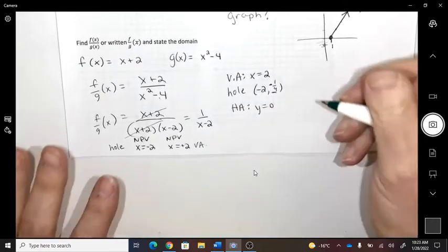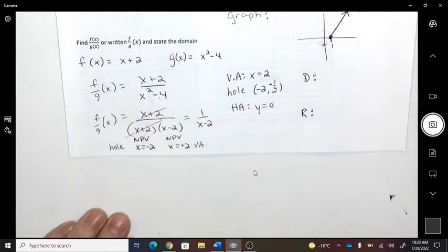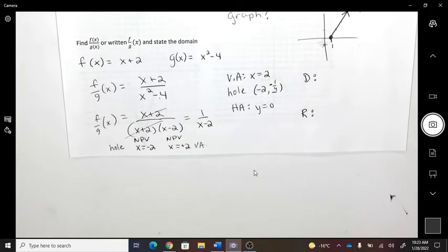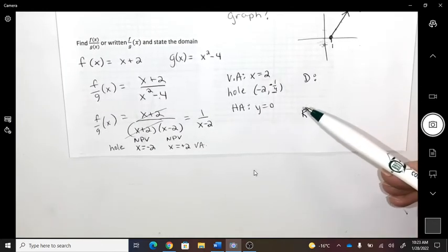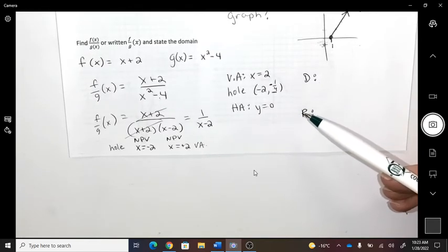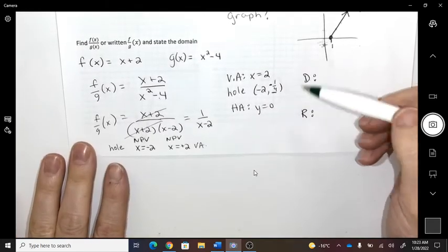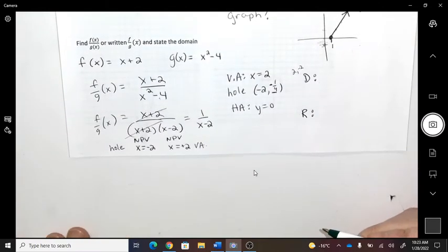Okay, so now we're going to write a domain and we're going to write a range. Okay, so when we talked about our domain, what are the values of x that we had to skip over? 2 and -2, right? We didn't like those x values.